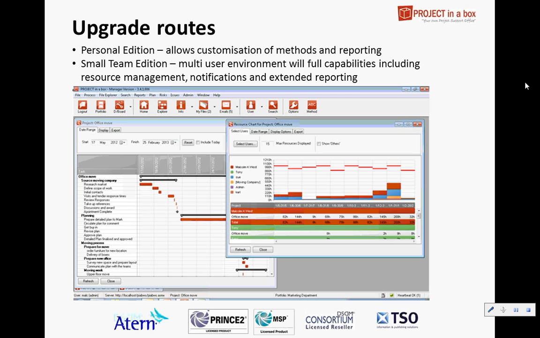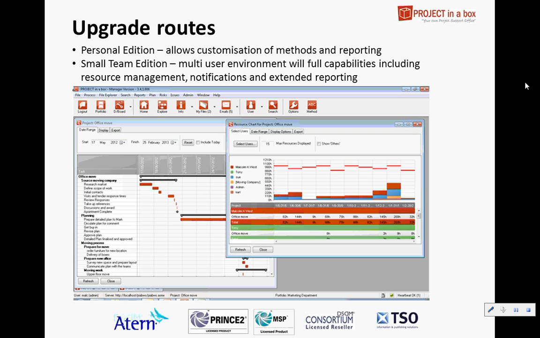We then have our Small Team and Enterprise Editions, our multi-user platforms, aimed at 20+ users, team working, where everyone can interact with the files, and you can extend that to include resource management and notifications and much more reporting, much more detailed audit trails, etc. on your projects. Those start at about £1,000. But nearly all of our commercial users start by using Community Edition, exactly the thing you're looking at. It gives them a really good feel for how our tools work, and it makes them think about putting their own methodologies in and how they might want to tweak and change the structures that are there.